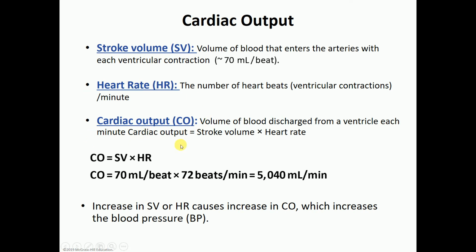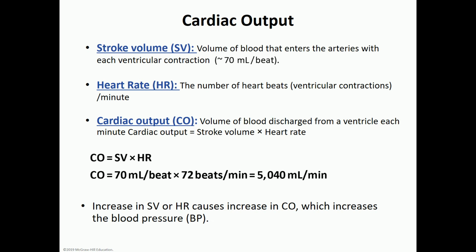Now, the cardiac output would be multiplying the stroke volume times the heart rate. So the cardiac output is the amount of blood, or the volume of blood, that is discharged, pushed out of the ventricle each minute. So again, your cardiac output is the stroke volume times the heart rate. And this is an equation that you have to be familiar with. You might be given a heart rate and a stroke volume and asked to calculate the cardiac output.